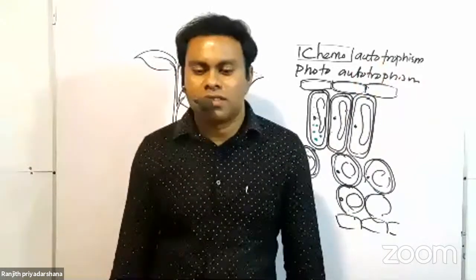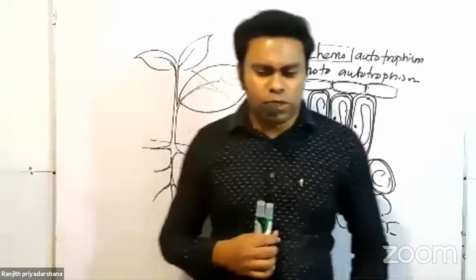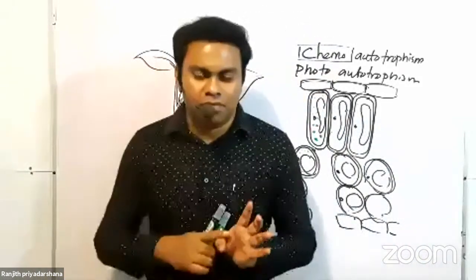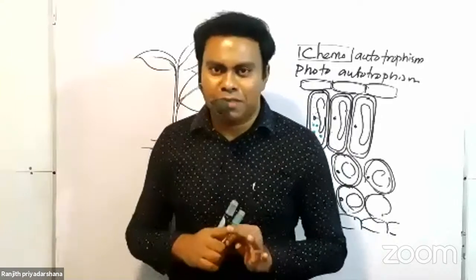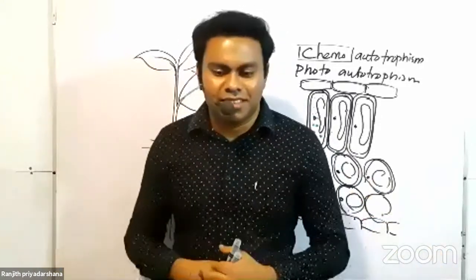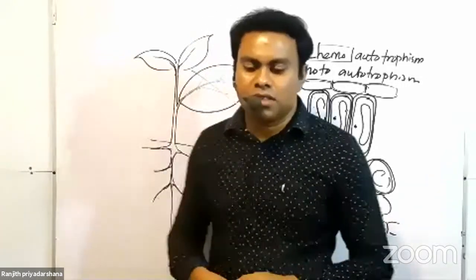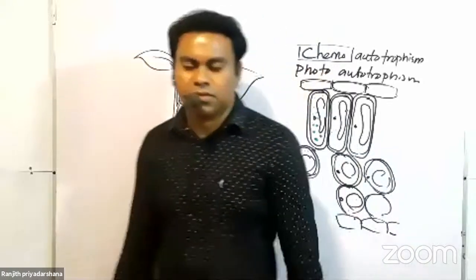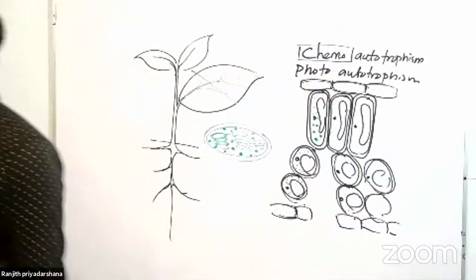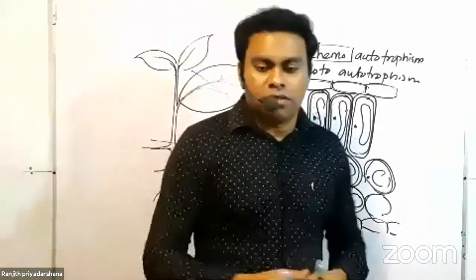Next one, protozoans. What do you think? What are the examples for protozoa? Amoeba and paramecium do not photosynthesize. There is one more. Yes, Euglena. Take down protozoa, Euglena.